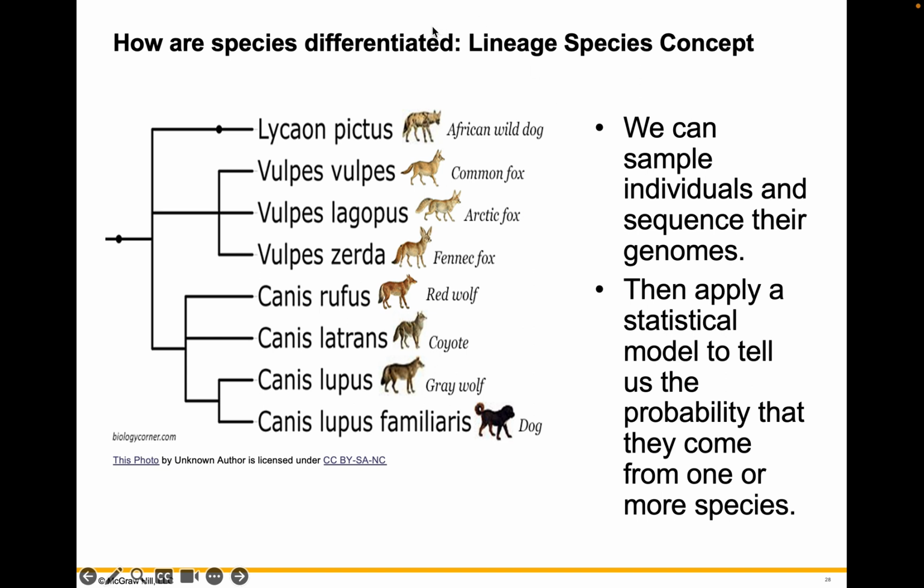All right, and then a third way that we have to define species is based on their genetic data. So we call this the lineage species concept. We can sample individuals and sequence their genomes, then apply a statistical model to tell us the probability that they come from one species or more than one species.